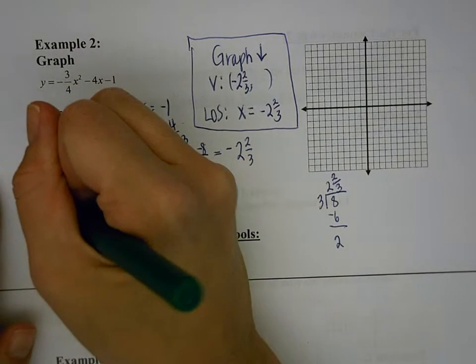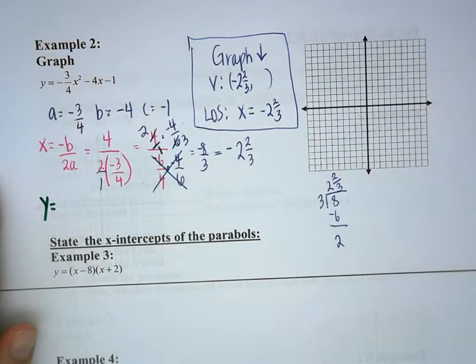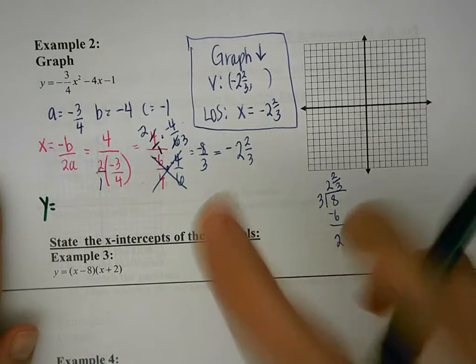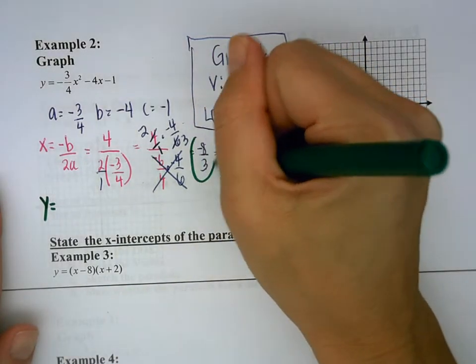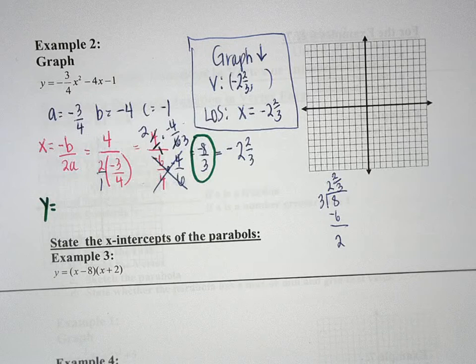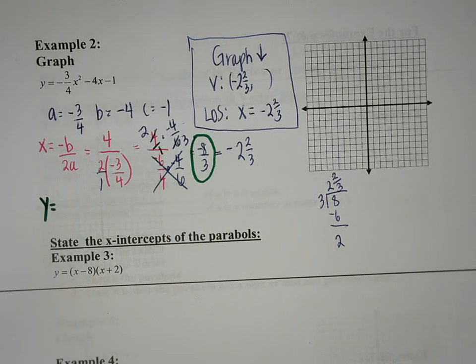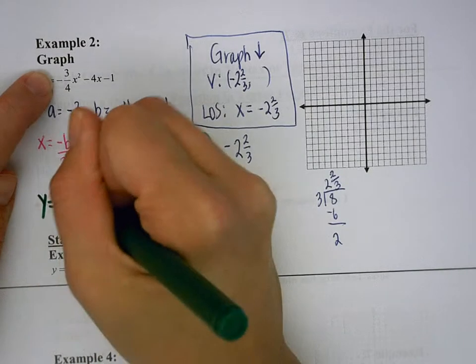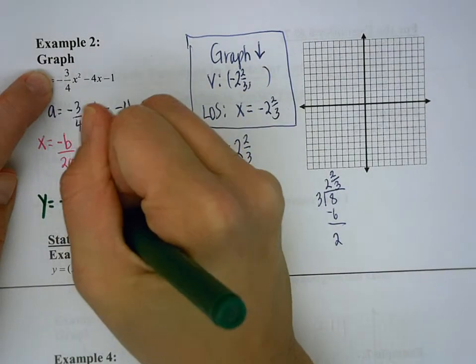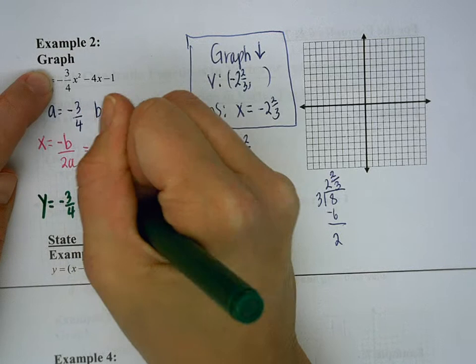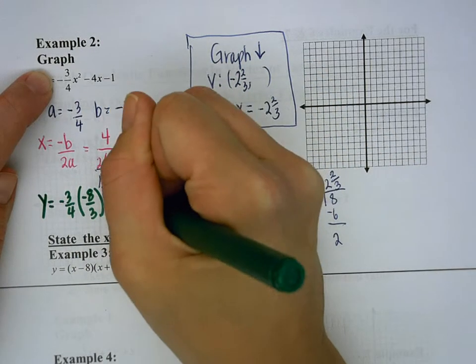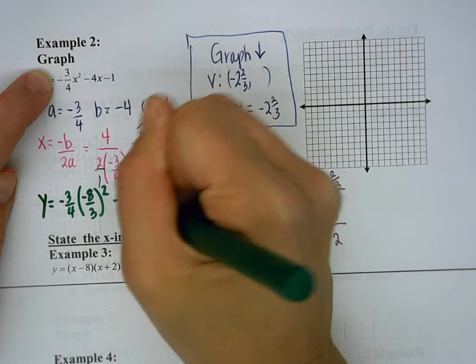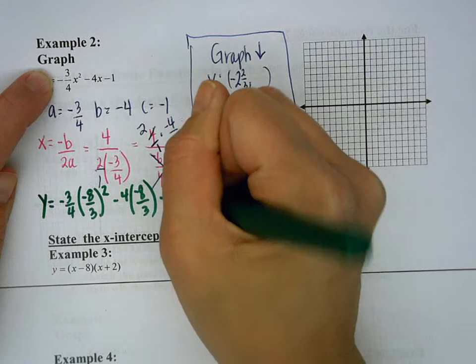So we have y equals. But when I'm plugging in for the y, it's best to use negative 8 over 3. So we're going to have negative 3/4 times negative 8 over 3 squared minus 4 times negative 8 over 3 minus 1.